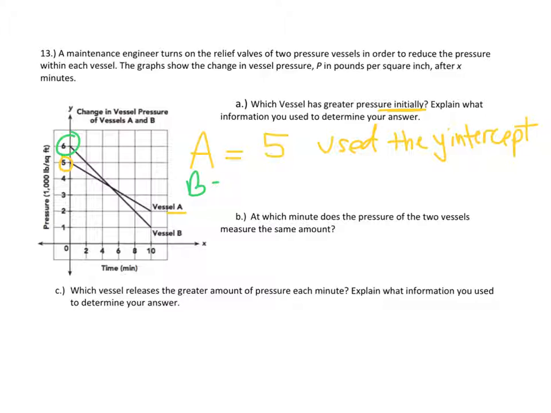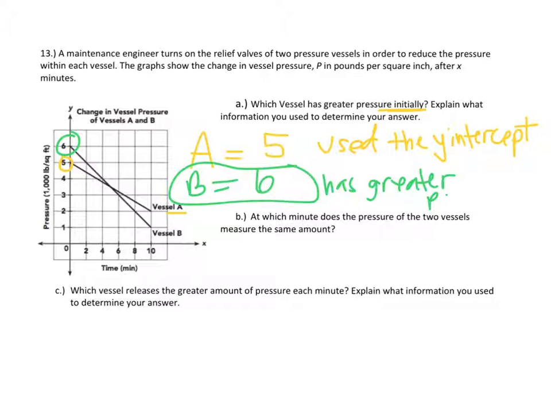So B's initial value is 6. So which has the greater pressure initially? B has the greater pressure initially. And you could probably make yours look a lot neater than mine. So you would say B has the greater pressure initially, and I use the y-intercept to find the initial pressure.